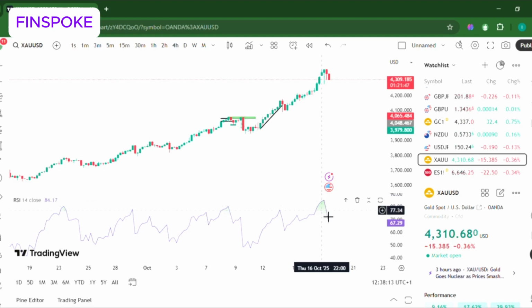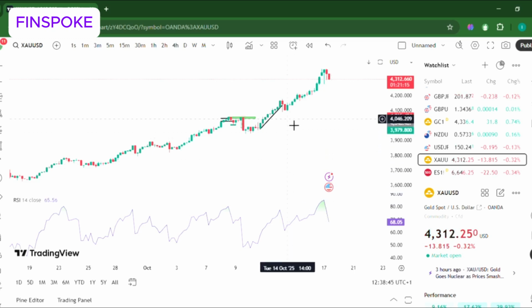What happens here is at this level 70, when price is around this level, people that do not understand how this works place their limit order at level 70 because they think that price will reverse at this level and start going in the opposite direction. But no, price continues going to the upside.